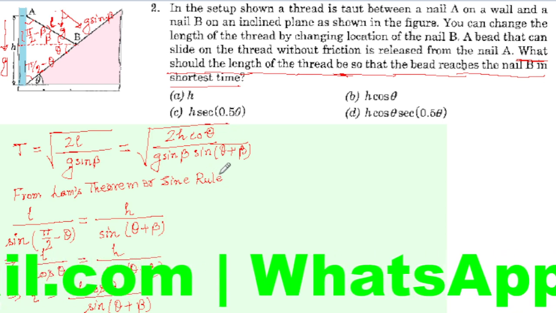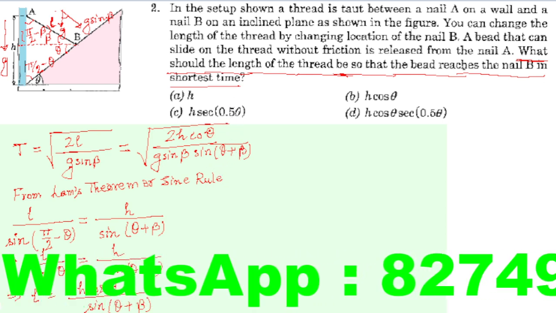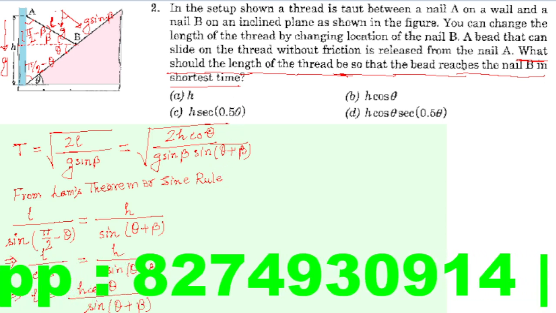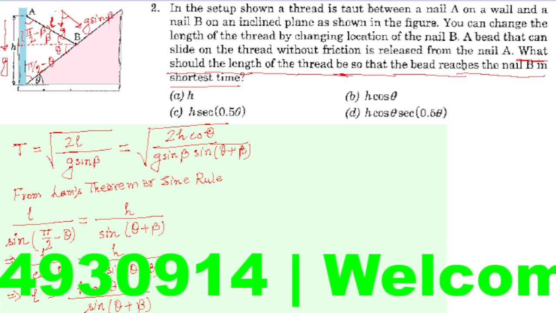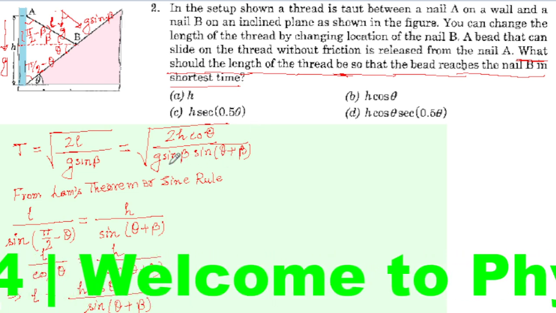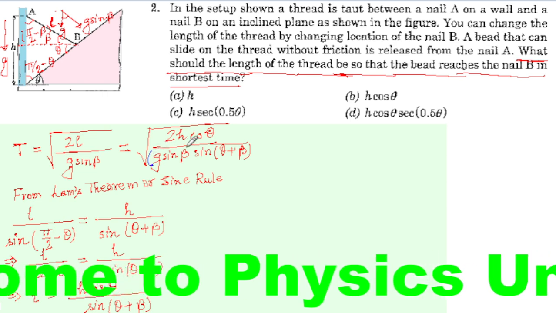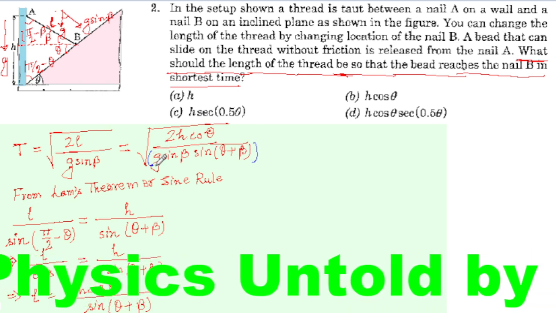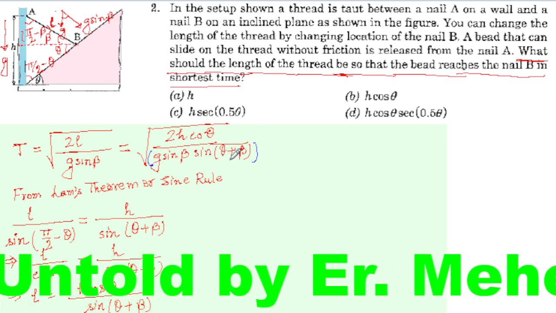Now let the denominator of our time function be g sine beta into sine of theta plus beta.